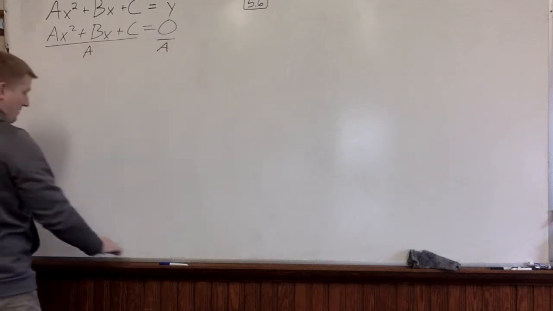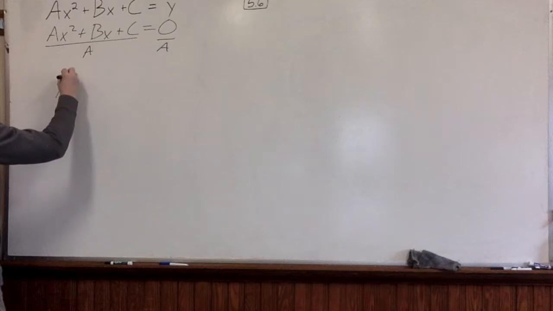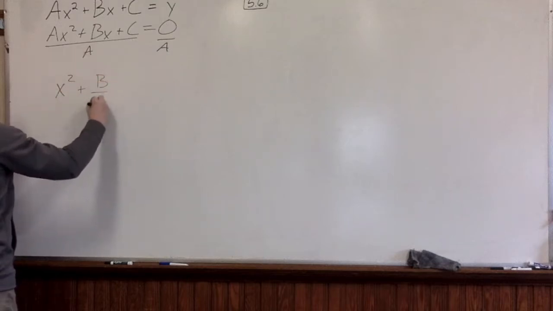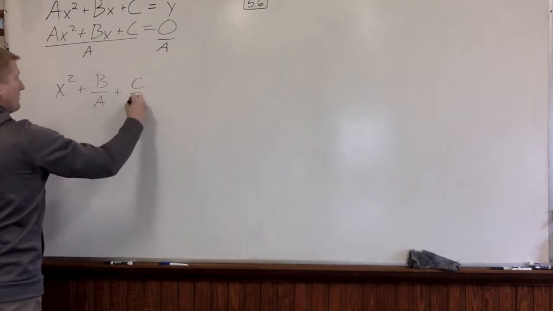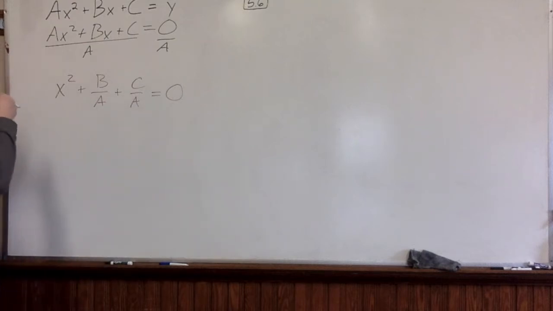Now for the left-hand side, that means dividing every part by a. So a over a is just going to be 1. That's what we want. So we get x squared, and then b over a, and then c over a. And then 0 divided by a is still going to be 0.